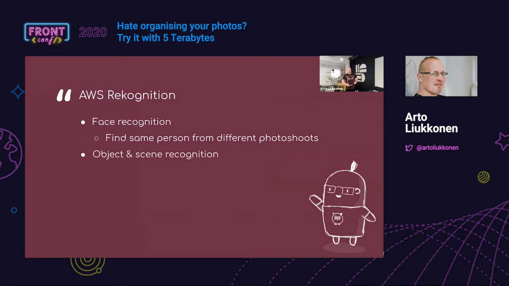At the same time, it can also do object and scene recognition. So we can find photos from different occasions, like weddings or cooking photos or animal pictures or children or newborns or Christmas photos or whatever.